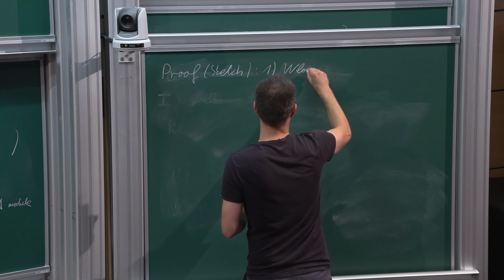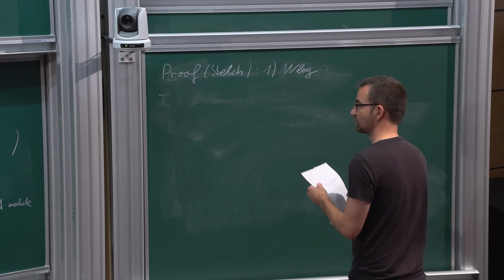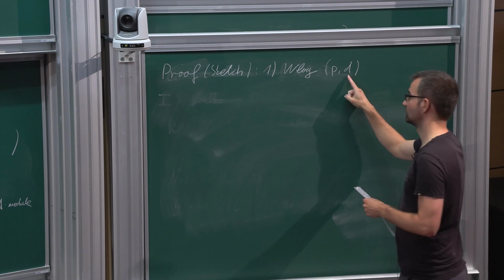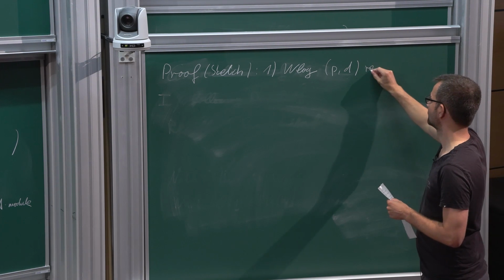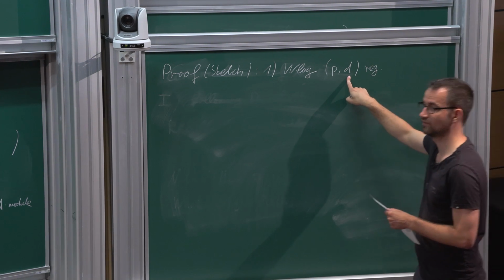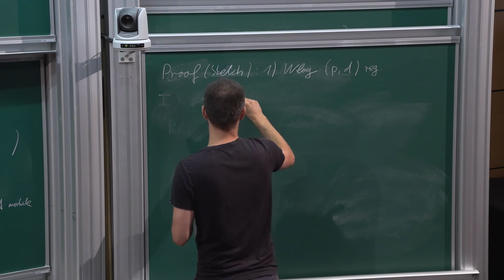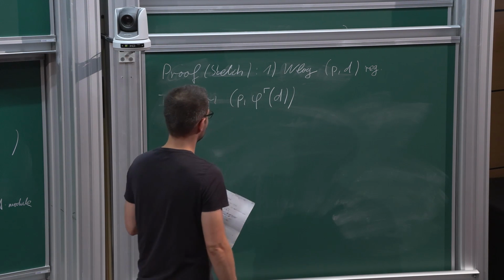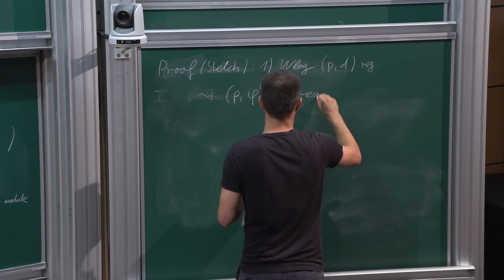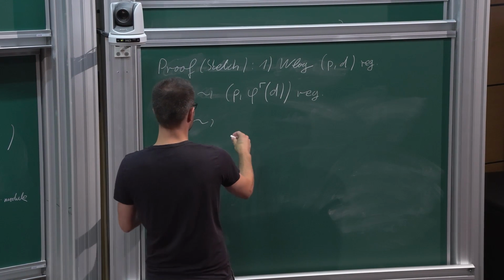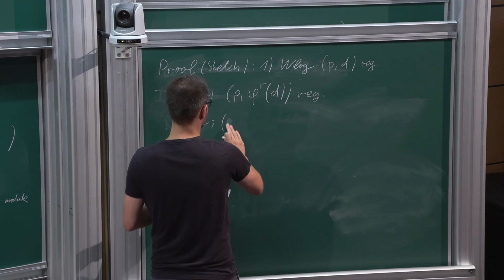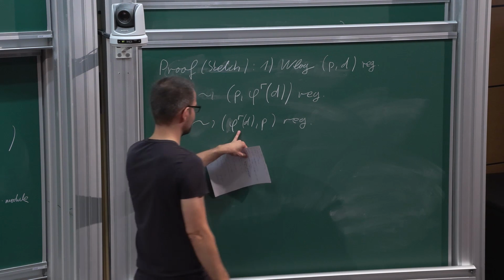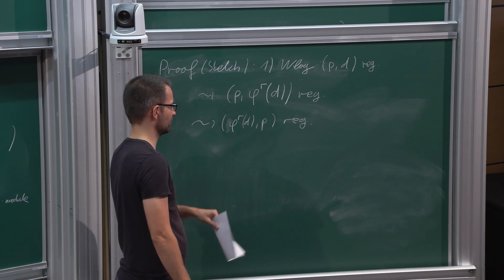So for the first statement, one can, without loss of generality, assume that I is generated by some element d, and then by the transversality one knows that (p, d) is regular, but this implies that p and any r-fold Frobenius of that thing is also regular. But this then implies by completeness of a prism that also (p, phi^r(d)) is regular, but this implies then that phi^r(d) is also injective.